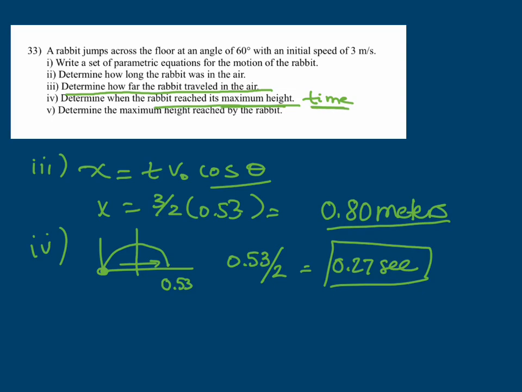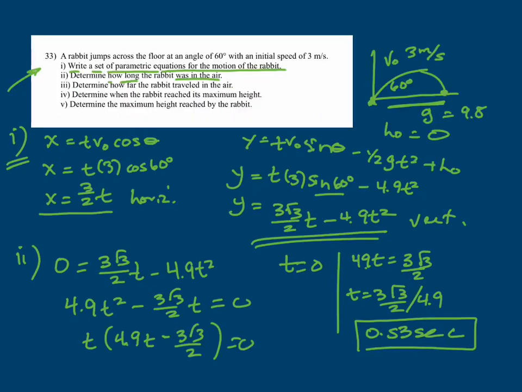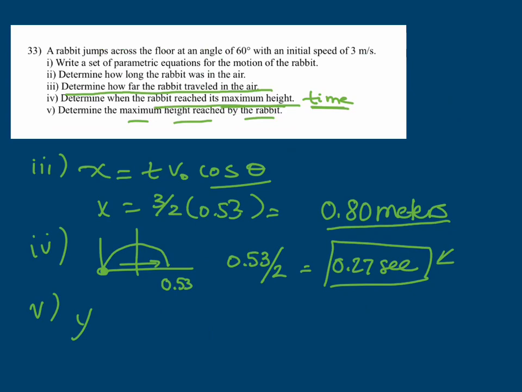So that's time. And then 5, determine the maximum height reached by the rabbit. So that's our y equation with this time set in it, right? So we have y. What was our shortcut y? Let's look over here. We had y equals 3 square root of 3 over 2 t minus 4.9 t squared.